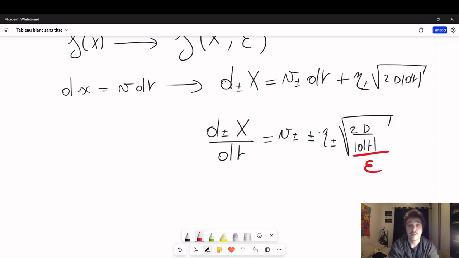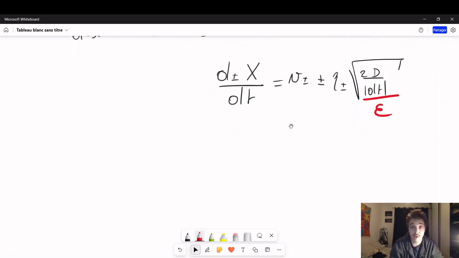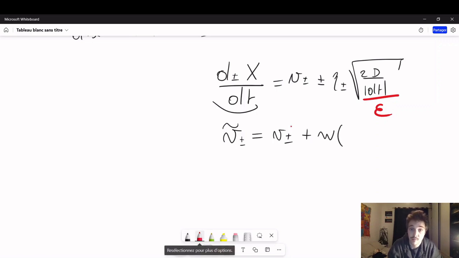So by doing that, we really can write down, if we say that this is v tilde plus minus, it is then equal to v plus minus, which is differentiable, plus some kind of, let's say, w of epsilon, that is scale dependent on epsilon.